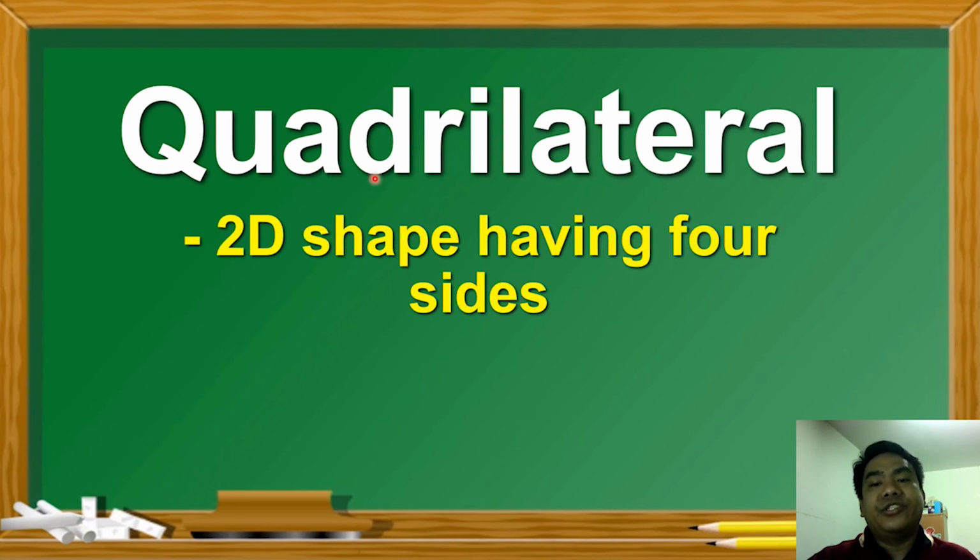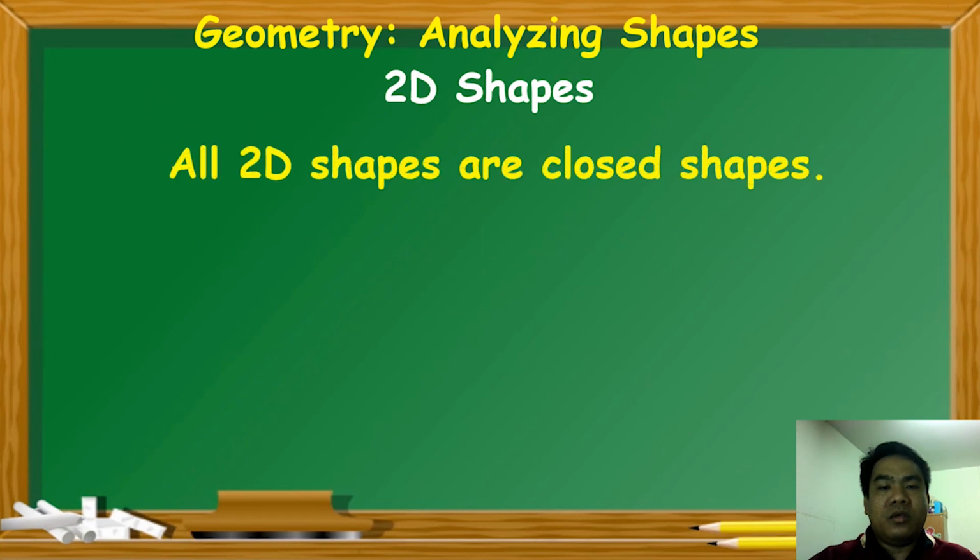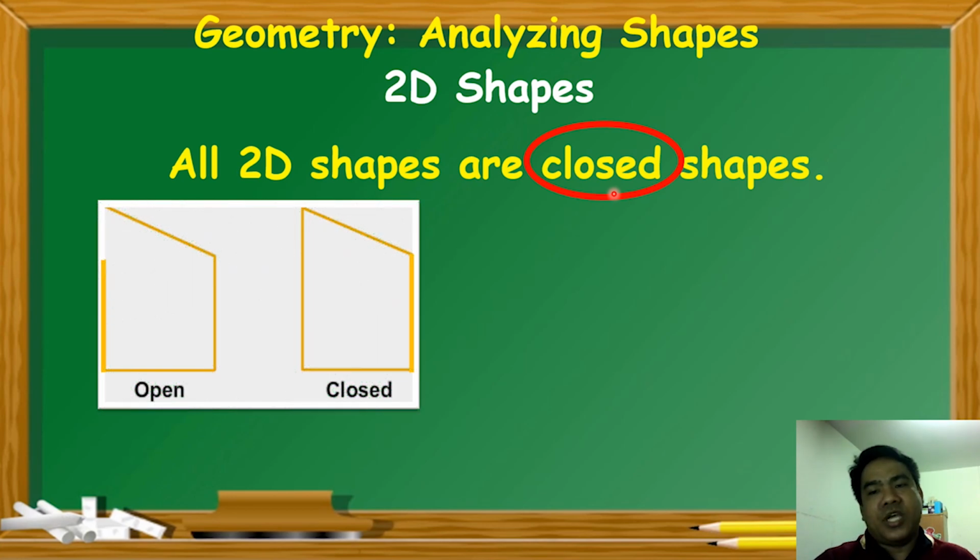Quadrilateral is a 2D shape having 4 sides. All 2D shapes are what? Closed shapes. Remember, all 2D shapes are closed shapes.